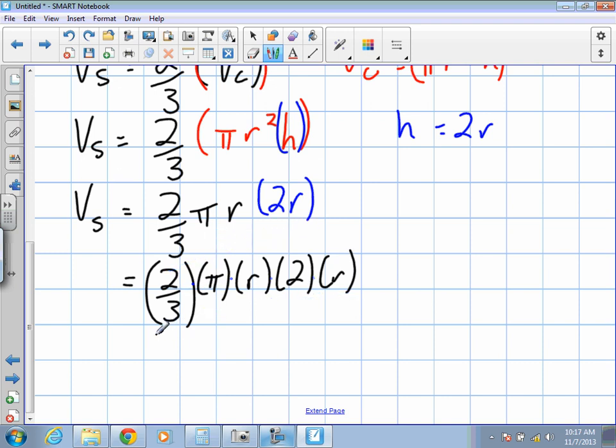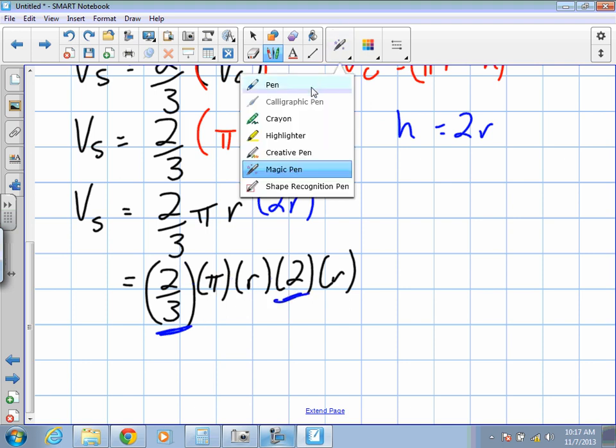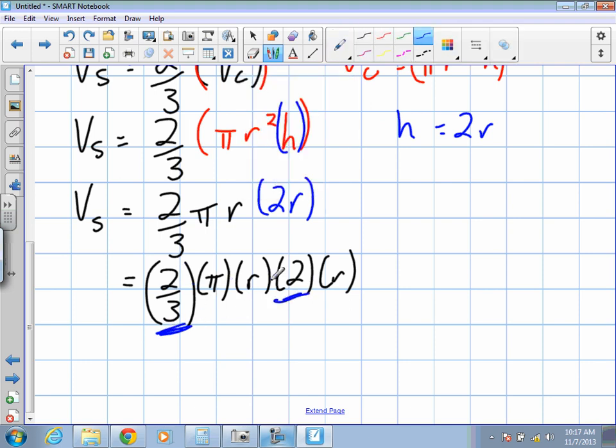I'm going to multiply my 2/3 times 2. Okay? What will that give us? Does anyone know? 4, not over 6. Remember, we multiply fractions. We do the top by the top and the bottom by the bottom. So we'll do 2 times 2. That's right. We'll get 4 over 3.